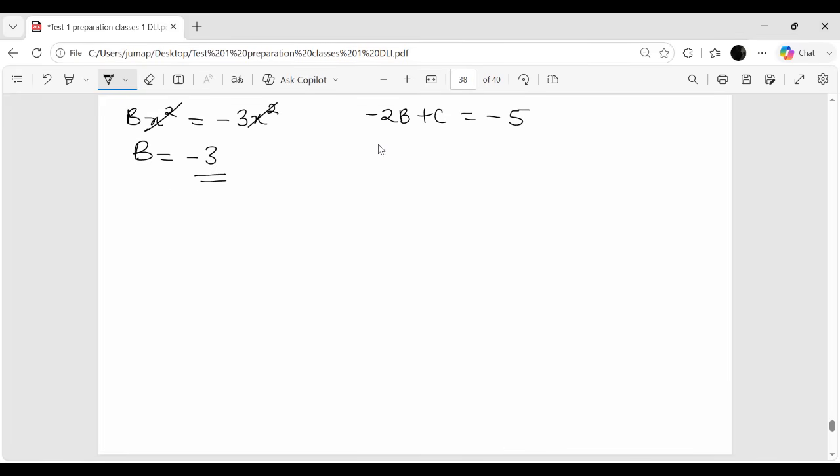Then your B is negative 3, so it's going to be negative 2 times B, which is negative 3, plus C is equal to negative 5. Okay, then this is going to be negative 6. Oh, positive 6 plus C is equal to negative 5. Then comes this side, your C will be equal to negative 5 plus negative 5 minus 6. As a result, C will be equal to negative 11.